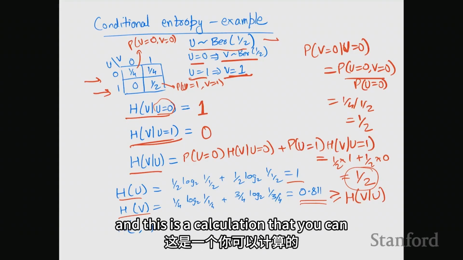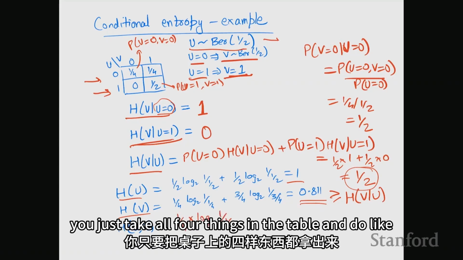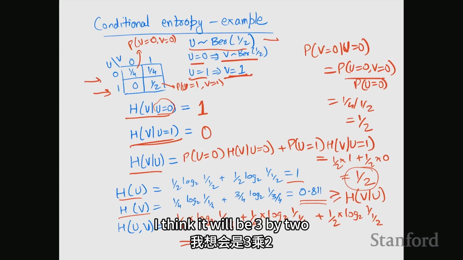And this is a calculation that you can do very easily, which is like, you just take all 4 things in the table and do like this sort of thing. So half plus half, I think it will be 3 by 2.